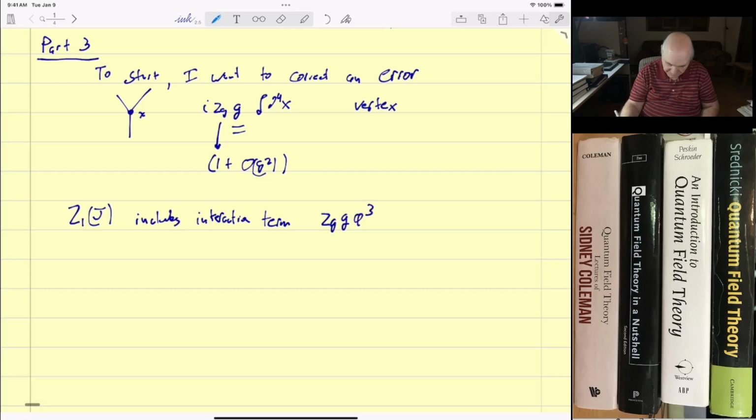This includes our interaction term, but no counter terms yet.